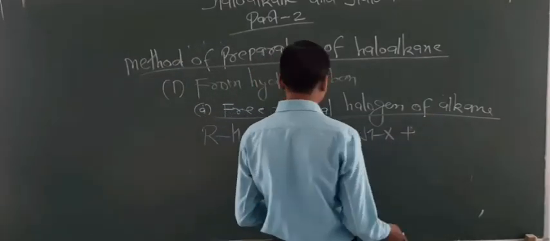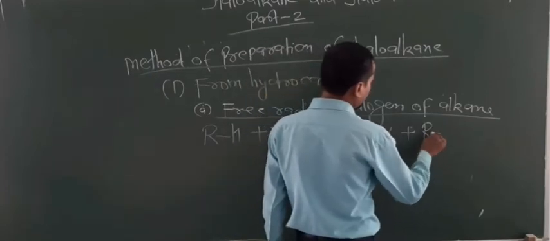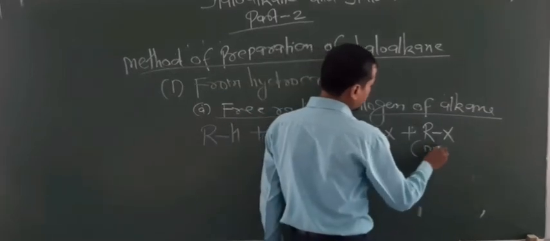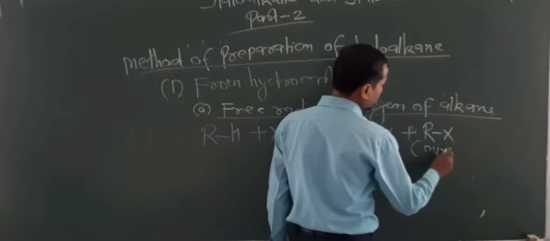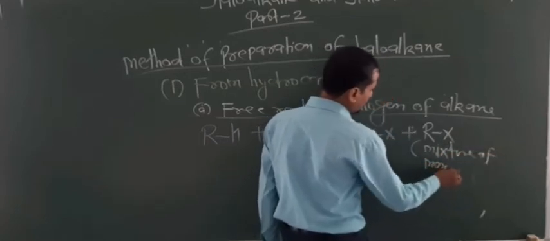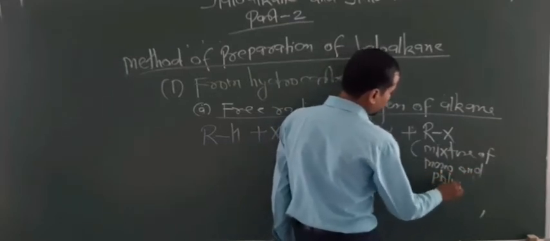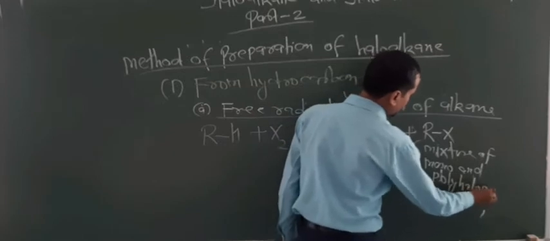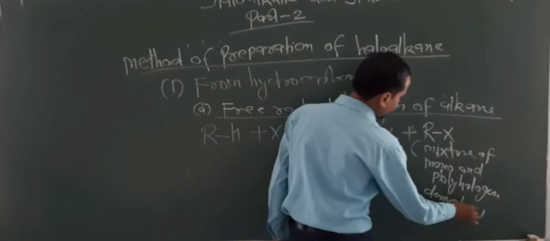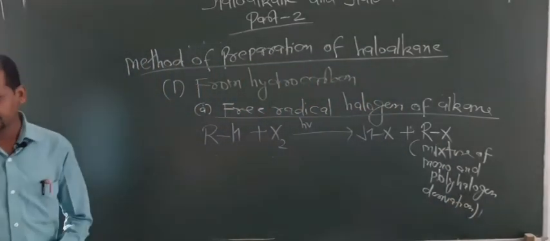Now look here, this also forms RX. This RX is basically a mixture of mono and polyhalogen derivatives, so it is not an easy task to separate them.